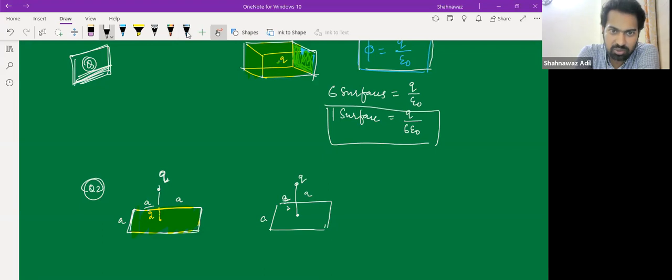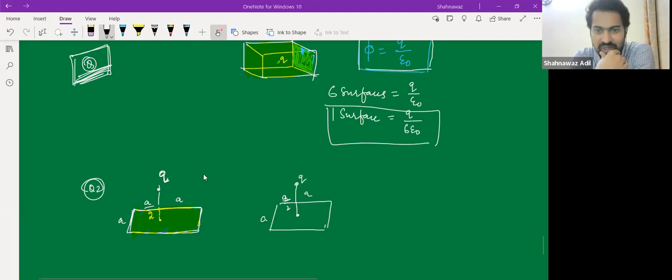Q by 6 epsilon naught. So Q by 6 epsilon naught is the right answer.